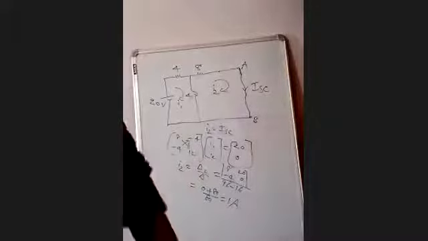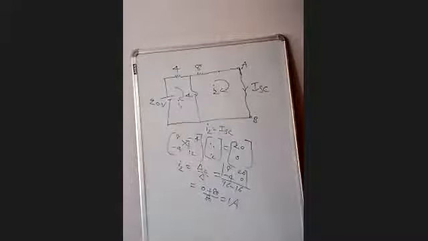So your short circuit current or Norton current is 1 ampere. I am determining only I2 because I want I_SC, and I2 is equal to I_SC, the short circuit current.